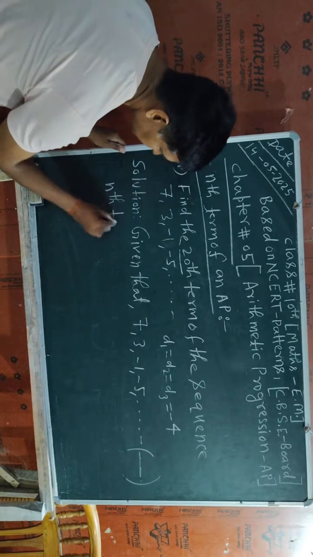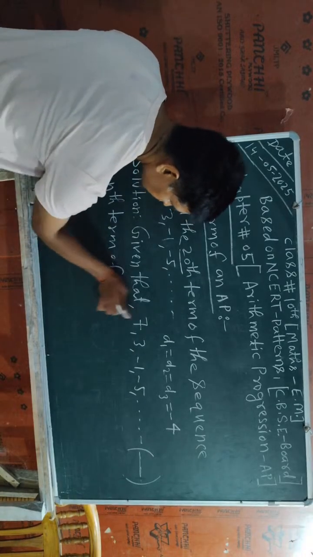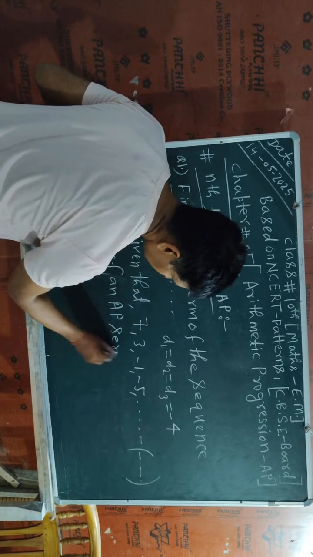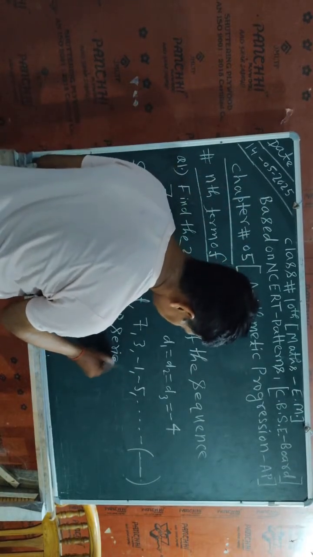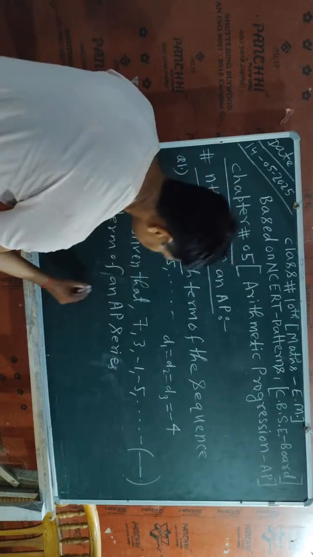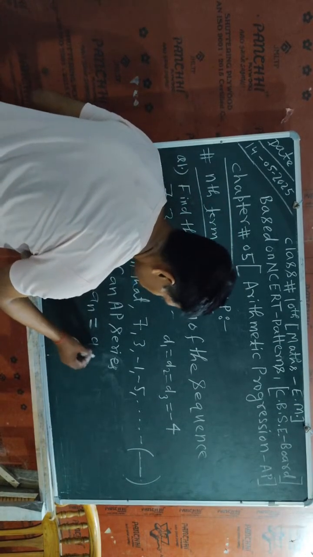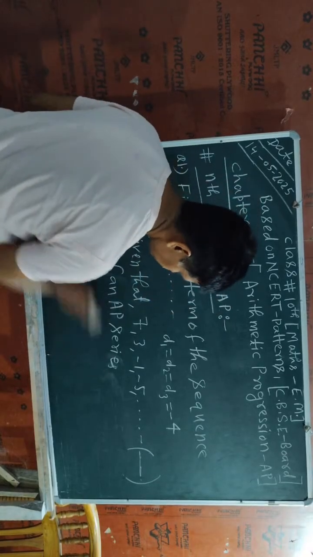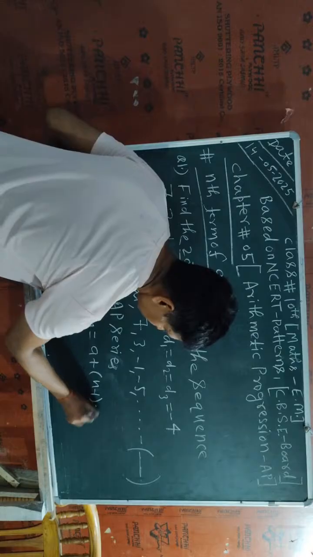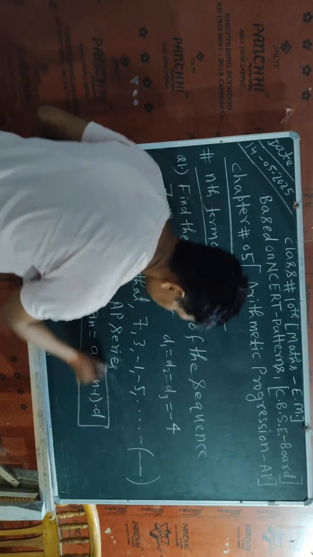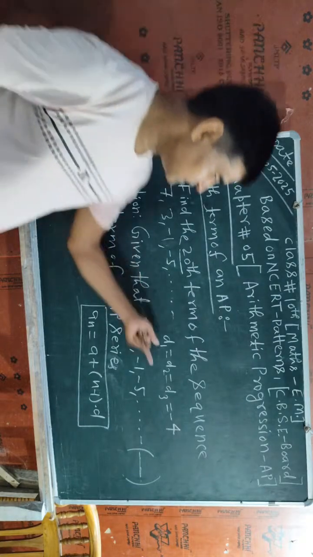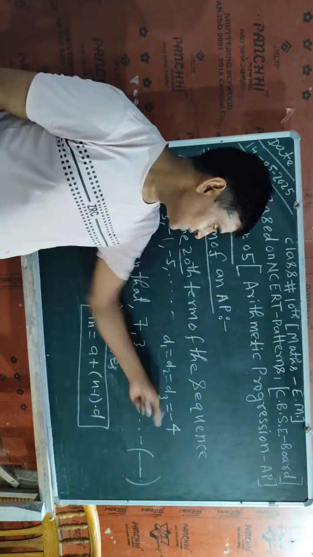The nth term of an AP series is AN is equal to A plus N minus 1 into D. So this is the general formula for calculating the nth term of that AP series, because I have proved that it is an AP, as the common difference of each two consecutive numbers is the same. Okay, student.